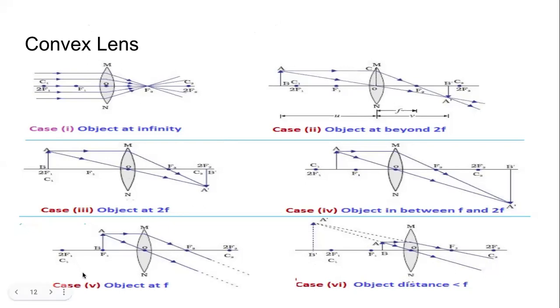So Anushka, what is this type of image called if it is not real? It's a virtual image. Yes. So out of the 6 cases, only one case, that is when the object is very, very near to the convex lens, the image will be virtual. In all other cases, it will be real.